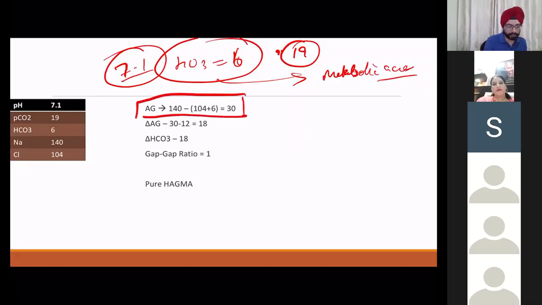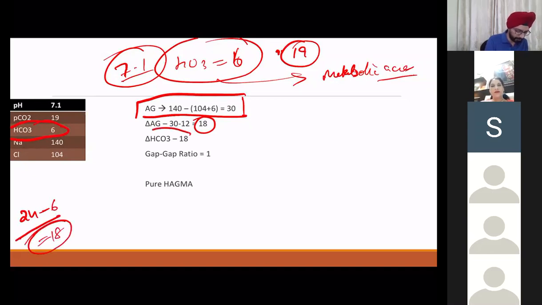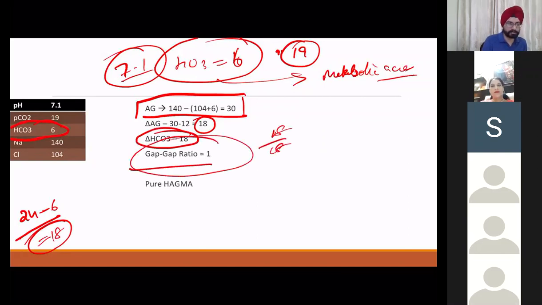So the delta anion gap, with the baseline anion gap being 12, is 18. Now you look at the delta bicarbonate. Normal bicarbonate is 24 minus the bicarbonate in this ABG, which comes out to be 18. So the delta bicarbonate is 18. The gap ratio is 18 by 18. It is 1. So such an ABG, if you get, is a pure high anion gap metabolic acidosis.